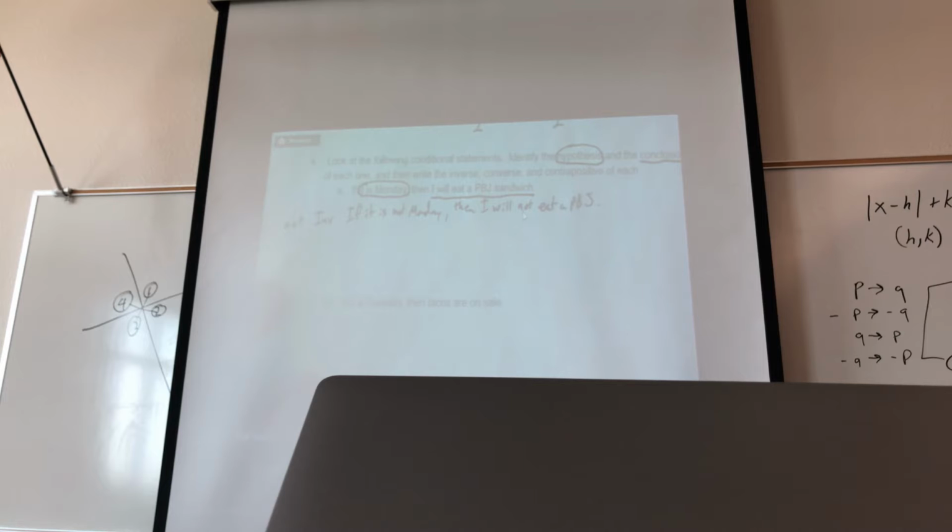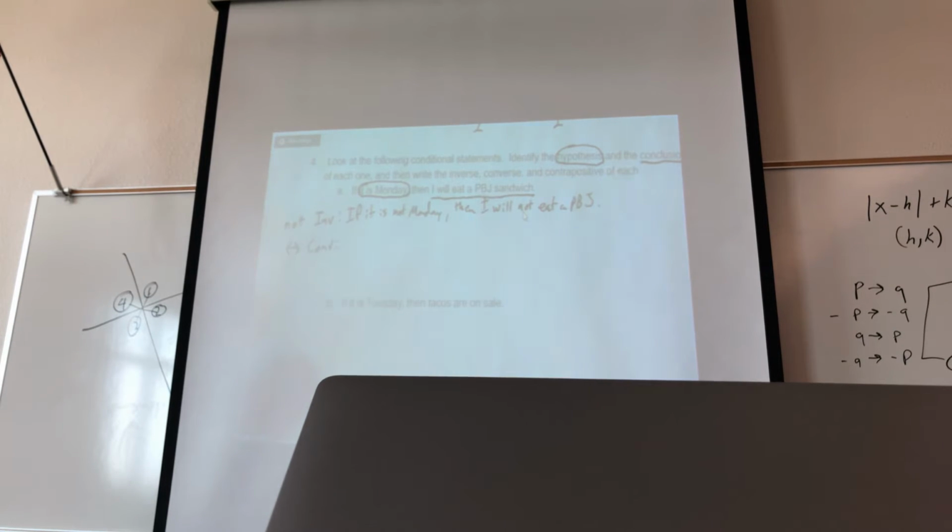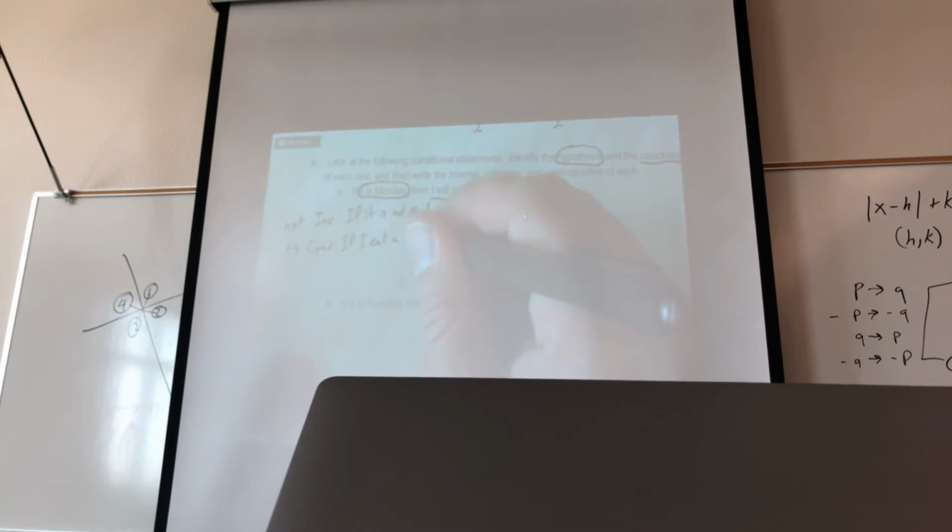Okay, I just add the word not to both sides. That makes the inverse. To make the converse, all I do is swap the order of the hypothesis and the conclusion. If I eat a PBJ, then it is Monday.